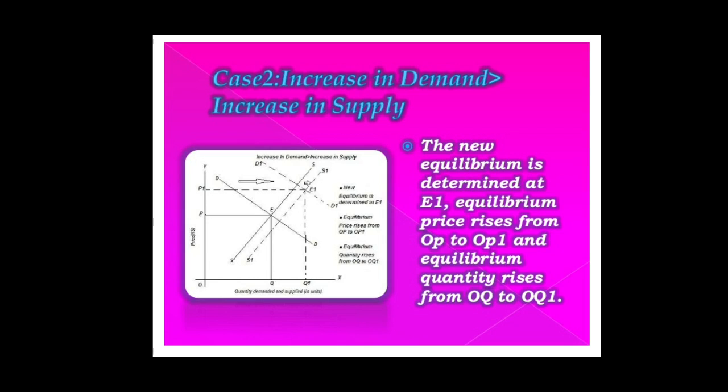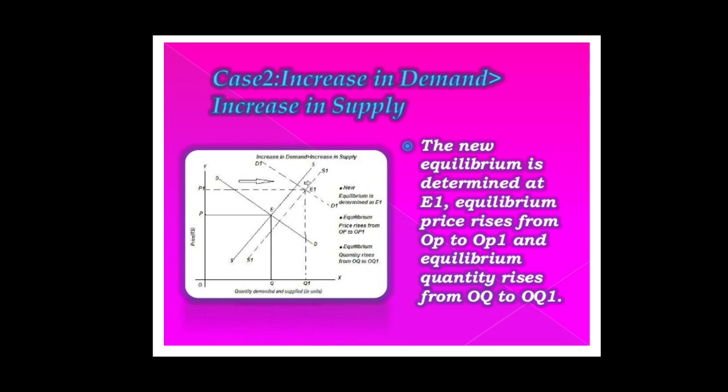As demand increases more than supply, it is a situation of excess demand. Due to excess demand, the equilibrium price tends to increase from OP to OP1, and equilibrium quantity also increases from OQ to OQ1.